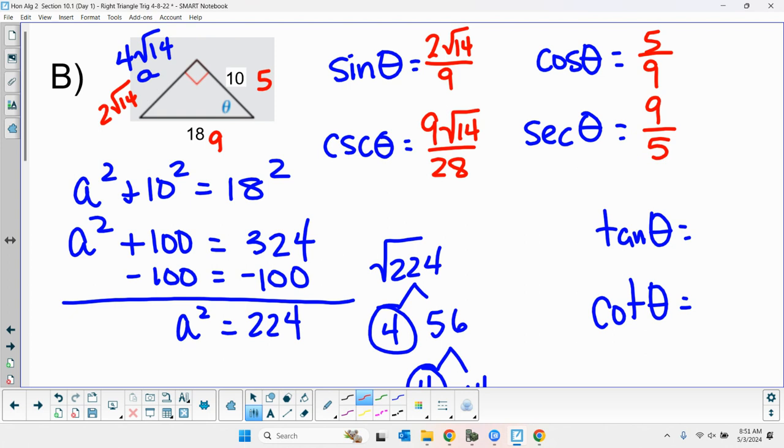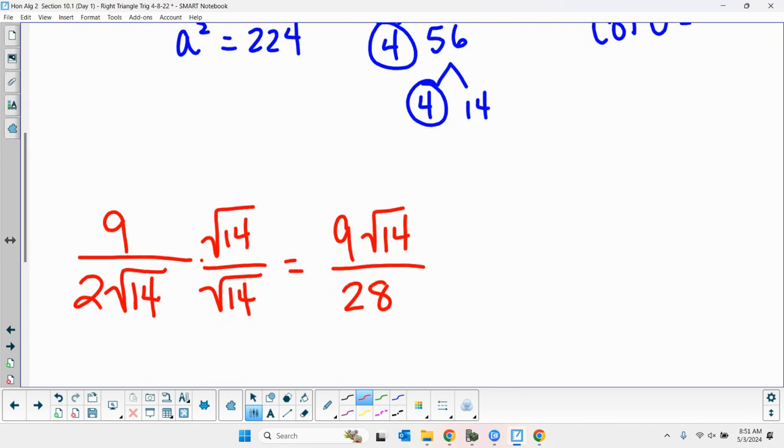Okay? Tangent, here's theta, opposite TOA. I didn't write TOA, but TOA over adjacent 5. Right? So 2 radical 14 over 5. So this is going to be like this one. So 5 over 2 radical 14, I'm going to be doing this.